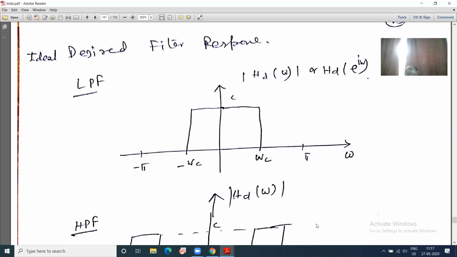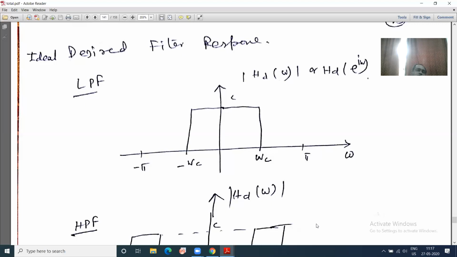If you have any doubt you can ask, otherwise from next class, I think on Friday, I will start filter design. I will discuss at least 4 to 5 filter design problems covering all options, like different window functions: Bartlett, Hamming, Hanning.